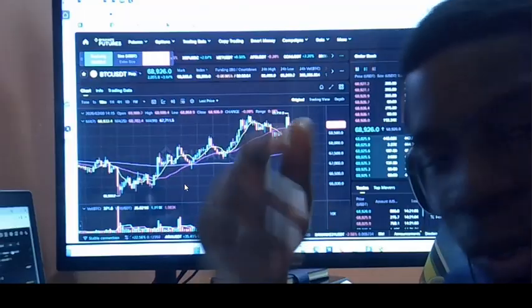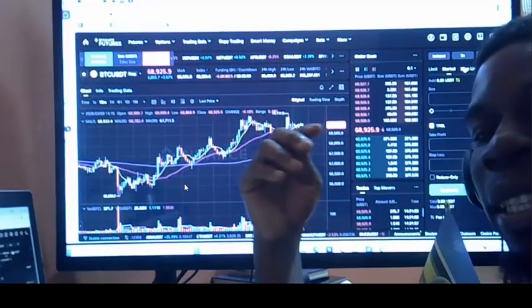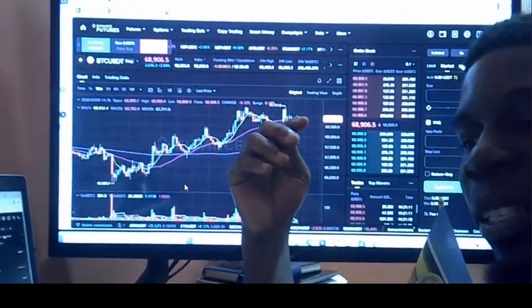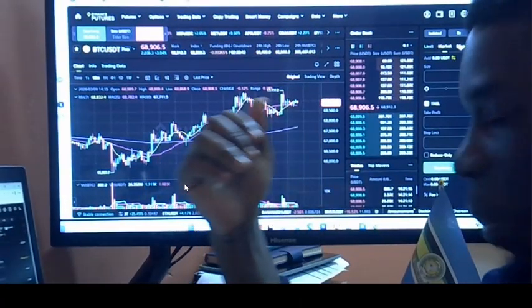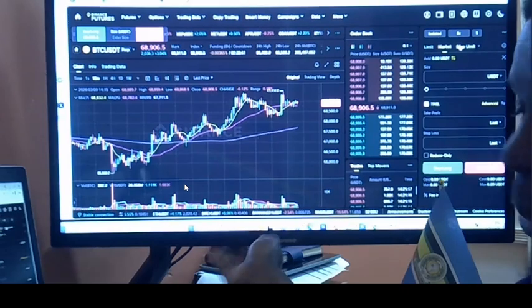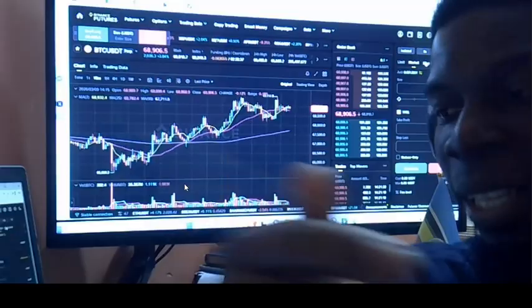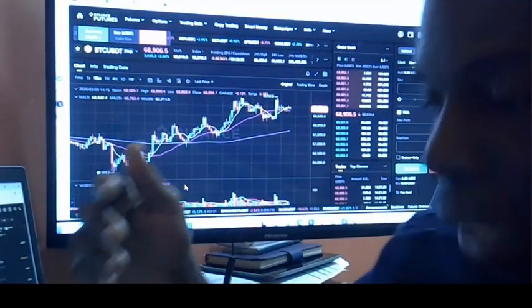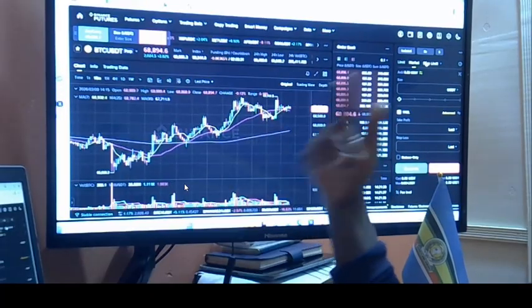Remember guys, when you're a pro trader, the best traders always take advantage of other people's money. So don't pay too much attention to that. Professional traders do take advantage of other people's money. They know what they are doing, and they make sure they use other people's money by taking leverage.